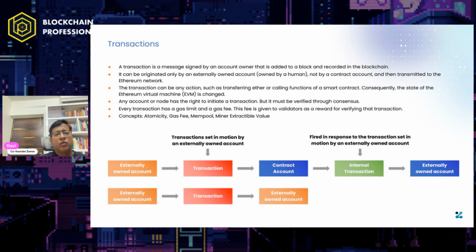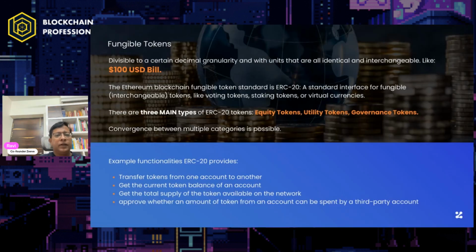So they will try to include transactions, or they will sequence the transactions, so that they can maximize the profitability for each block that they write on the blockchain. So these are some of the pieces when we talk about transactions in DeFi.